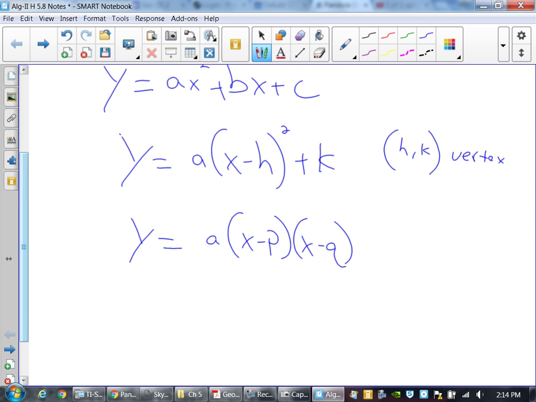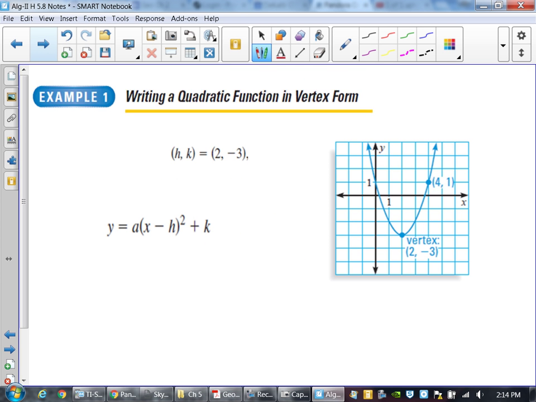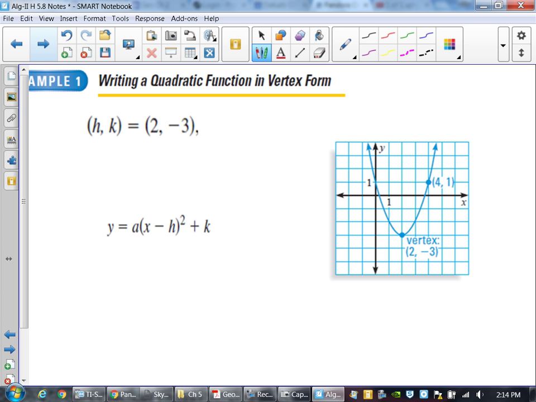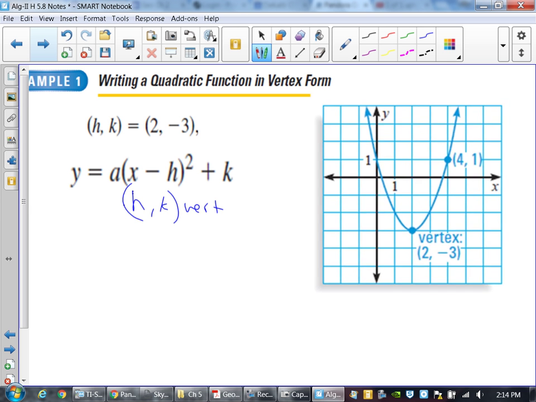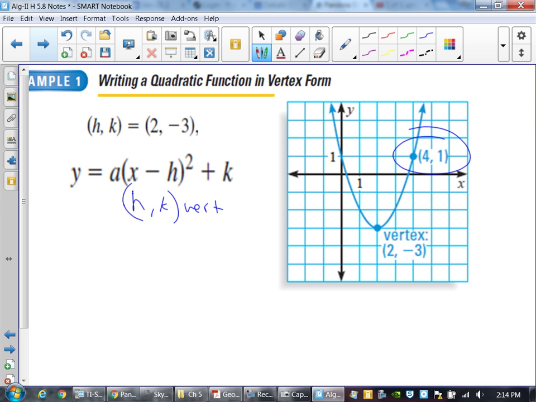Okay. Let me show you an example. Vertex form. When I have vertex form, I'm working with this, where h and k is my vertex. And I have a secondary point given to me. So if I have a vertex at 2, -3, and I have a point that's on the curve at 4 and 1, I now know 4 of the 5 variables.